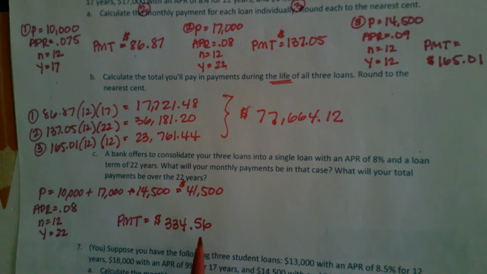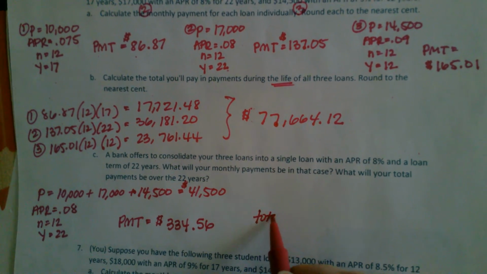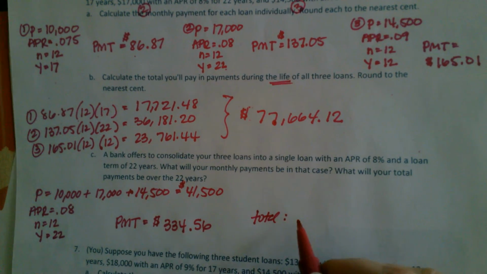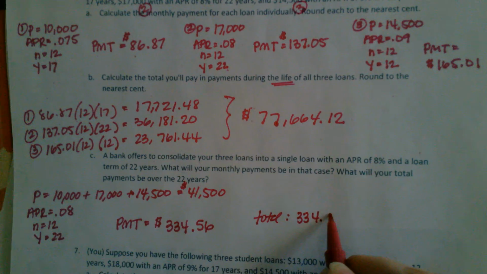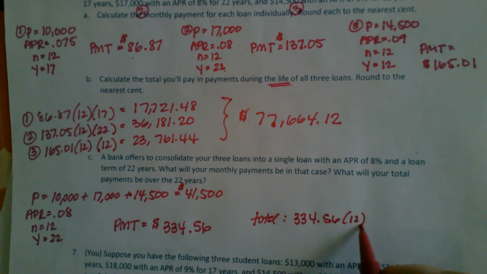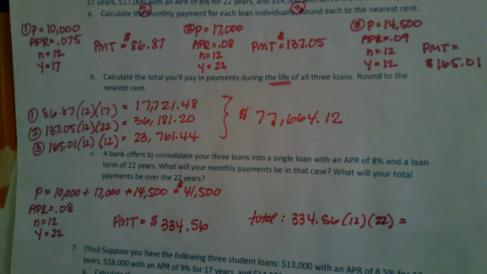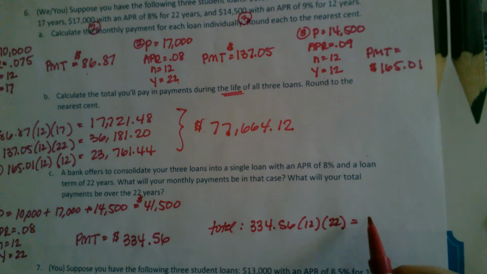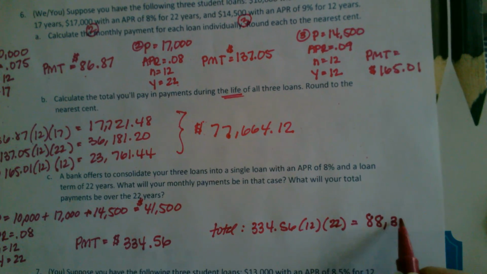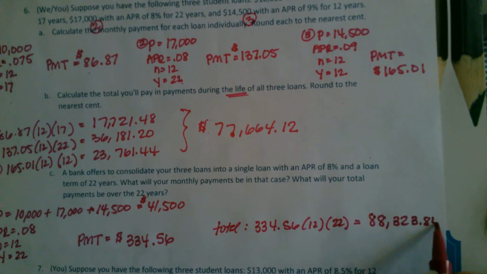So this will be our monthly payment. So our total that we'll pay for the entire 22 years will be $334.56 times 12 times a year times 22 years. We get $88,323.84.